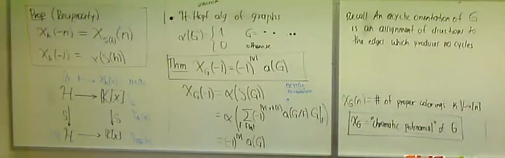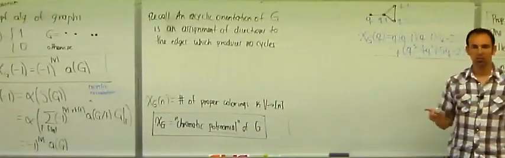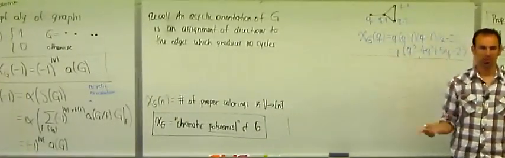So for every edge, you decide whether it goes this way or that way, but you want to make sure that there's no directed cycles.